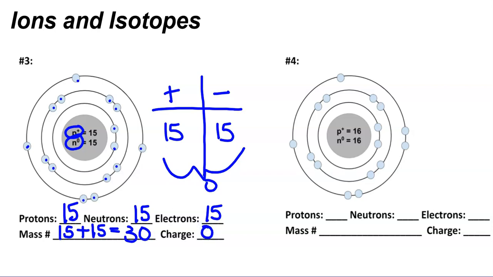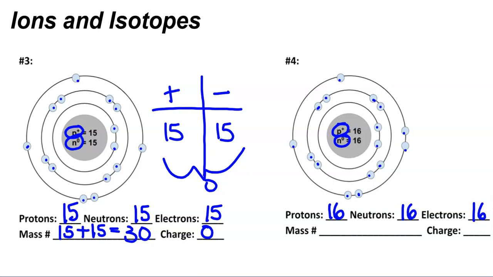And then last but not least, model number 4. This time we have 16 protons, and we have 16 neutrons. And then we need to count our electrons. 1, 2, 3, 4, 5, 6, 7, 8, 9, 10, 11, 12, 13, 14, 15, 16 electrons.